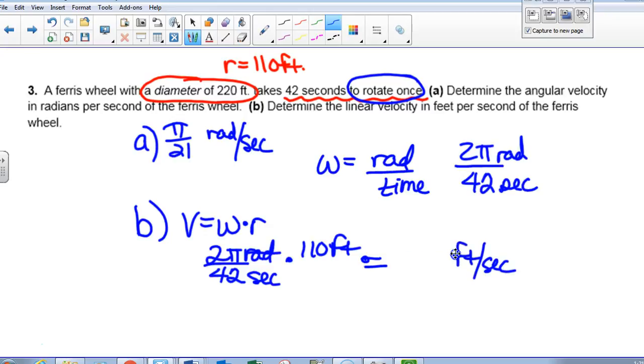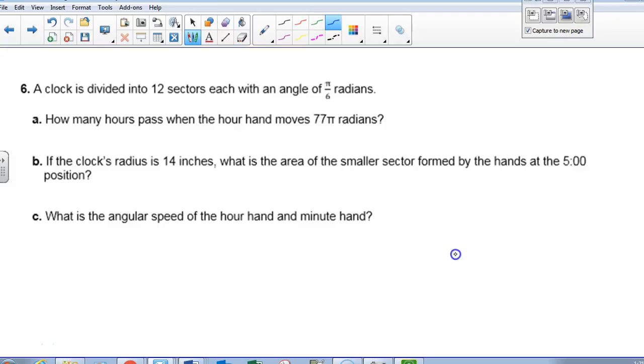What else can I help with? Number 6, please. Okay, how many hours pass when the hour hand moves 77 pi radians? How long does it take the hour hand to go around? Once around is how many radians? 2 pi.